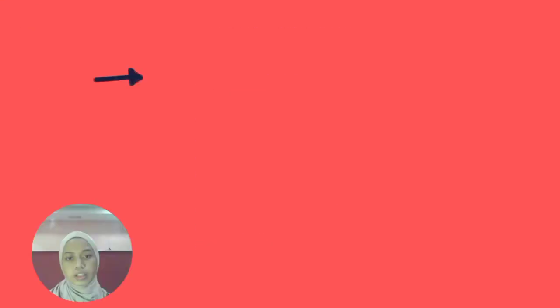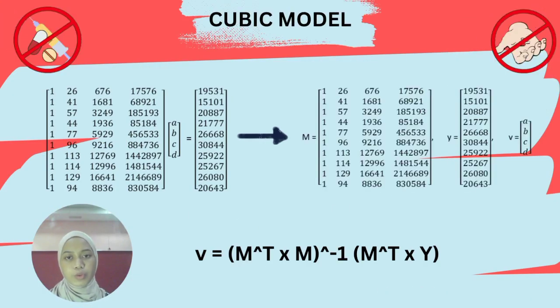From the equation before, we make it in matrix form, and this is the m matrix and y matrix. Next, we need to find the least square solution using the equation v equal to m transpose multiplied by m, inverse, multiplied by m transpose multiplied by y.